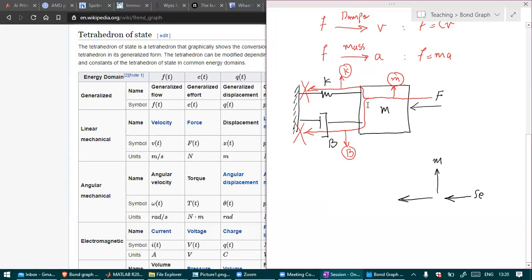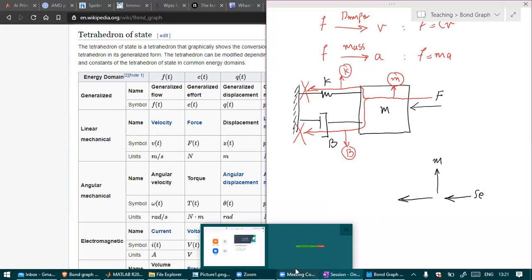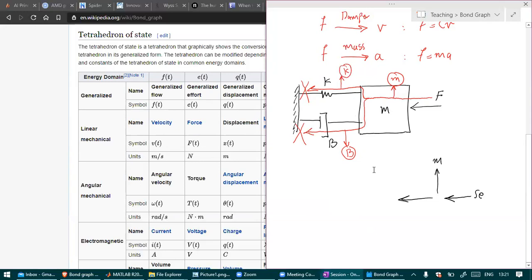So let's ask which one remains constant across the mass. The velocity remains constant or the force remains constant? Force remains constant. Exactly. So when the force remains constant, we set a 0. Okay, so basically a 0 joint is a joint where the force remains constant.